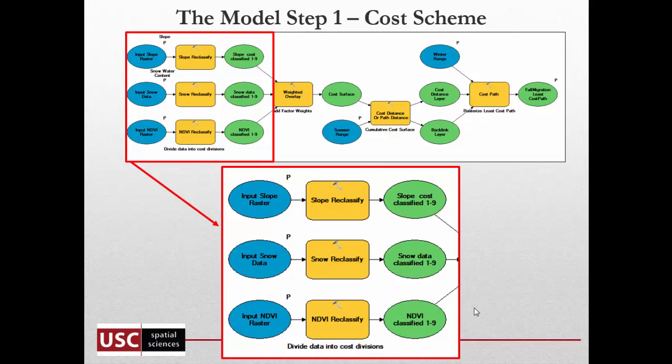In other words, it sorts input factors into categories that rank how likely or costly it would be for a migrating deer to occupy those spaces. Further, the reclassification process converts the raw data into integer categories. It's a little strange because the required inputs are ratio, but then we immediately convert them to integer data. But that is what is required for the next step, which is the weighted overlay.